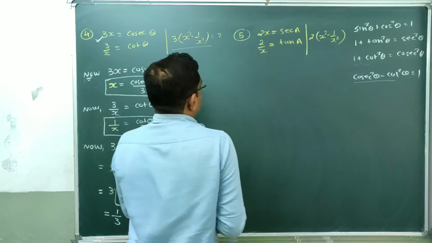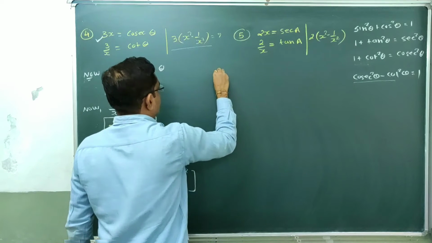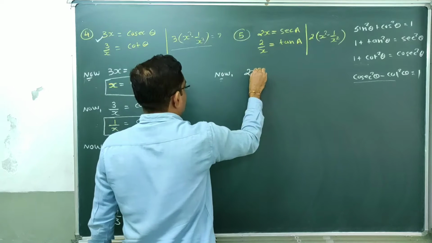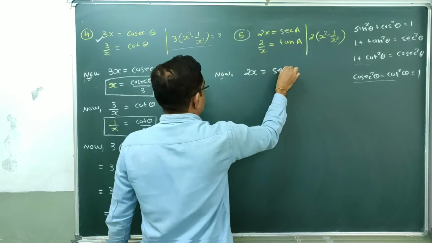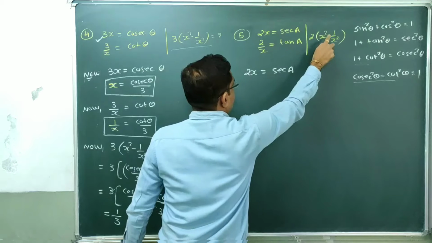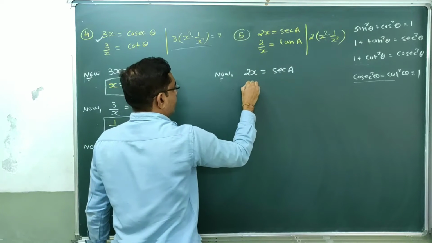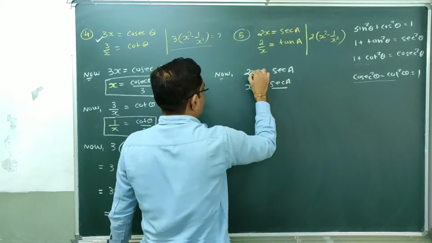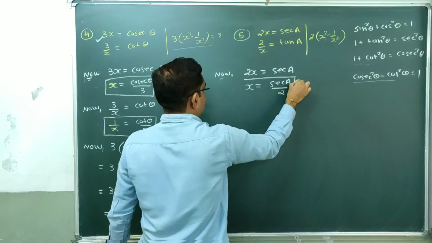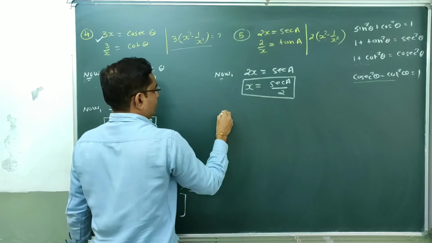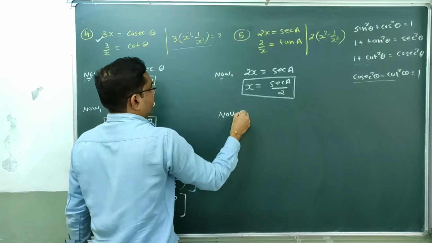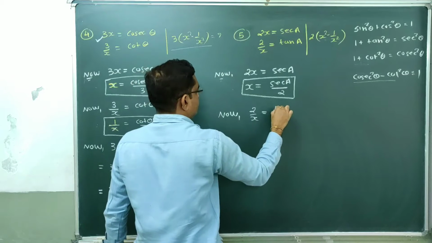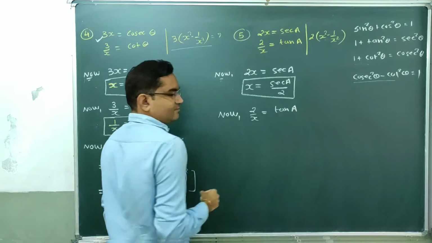So here the first given expression is 2x equal to sec a, we require x. So this 2 will go into division, so this is the value of x, sec a by 2. Now the second given expression is 2 by x equal to tan a.